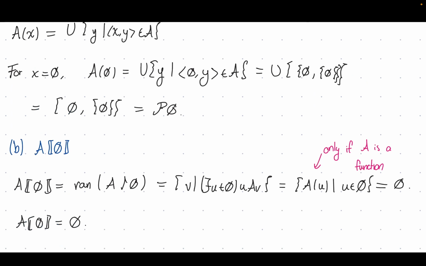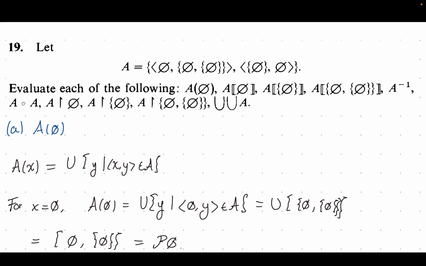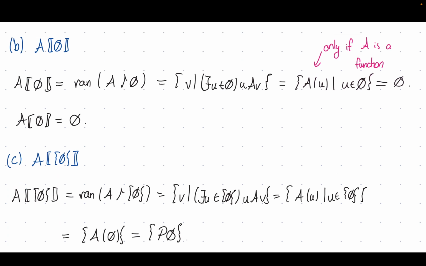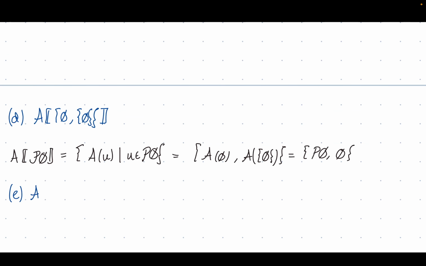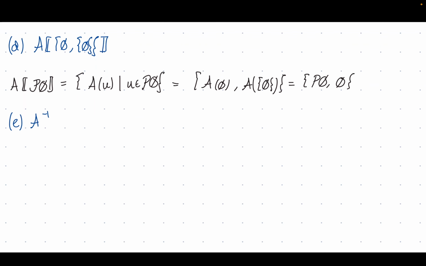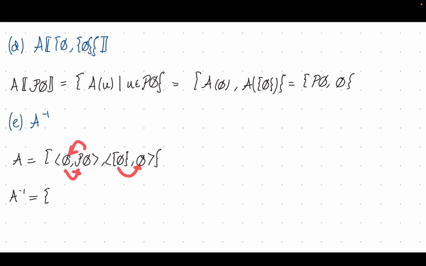Now E is going to be the inverse of A. And if A is equal to this right here, then A inverse is just the result of swapping places for each one of these.